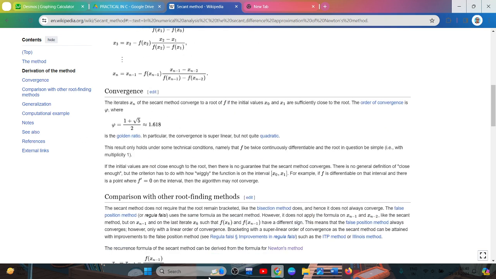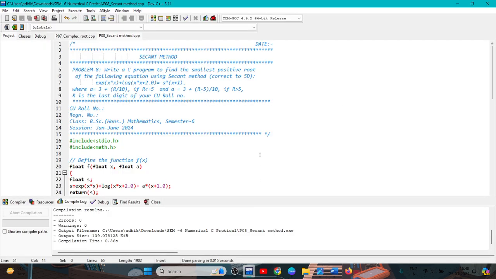Now the programming of the secant method. Problem 8: write a C program to find the smallest positive root of the following nonlinear equation using the secant method, correct to 5 decimal places: exponential x square plus log to the base e of x square plus 2 equal to a into bracket x plus 1.